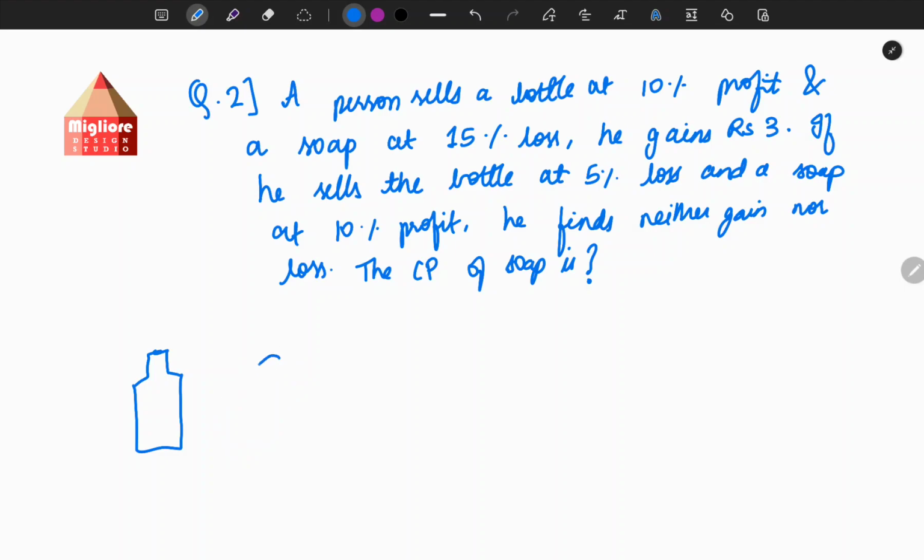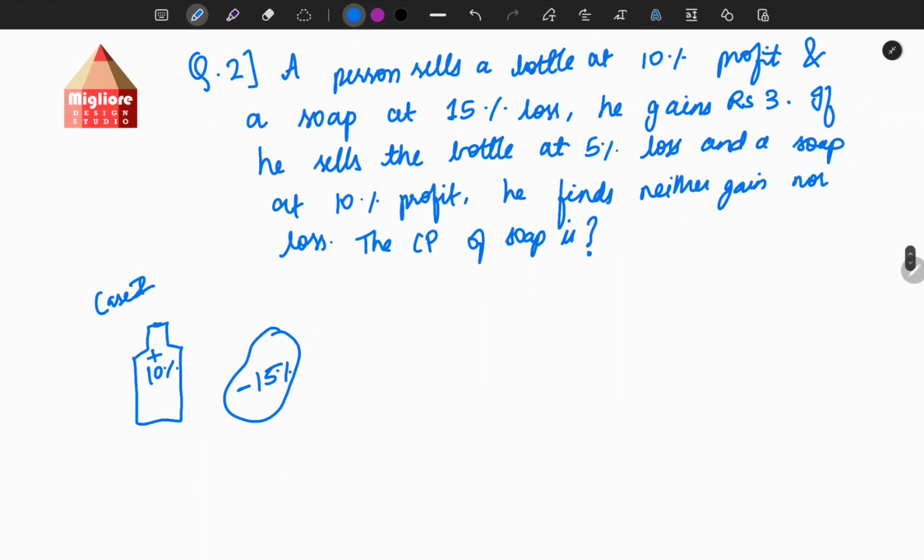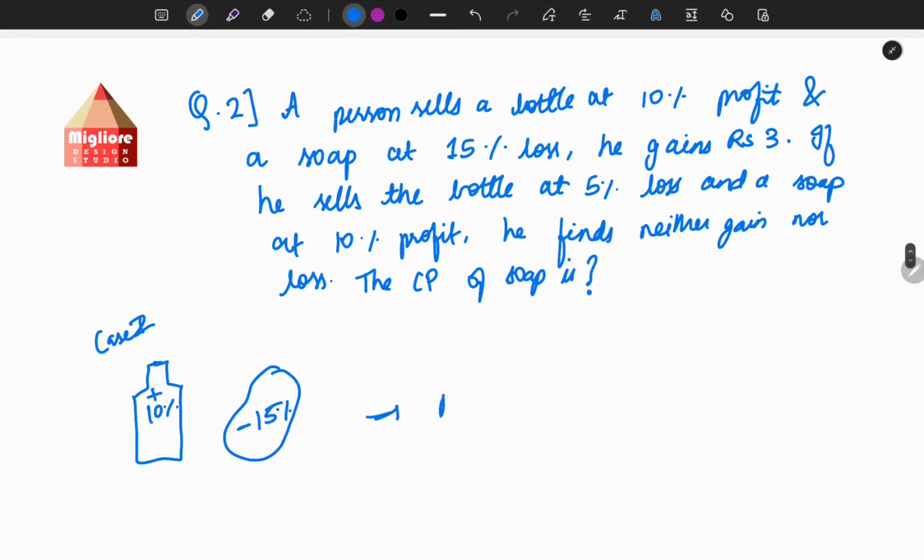Let's just assume this is a soap. So he sells this in case 1 at 10% profit and this at minus 15%, so that's a loss, and he gains rupees 3. This is case 1.